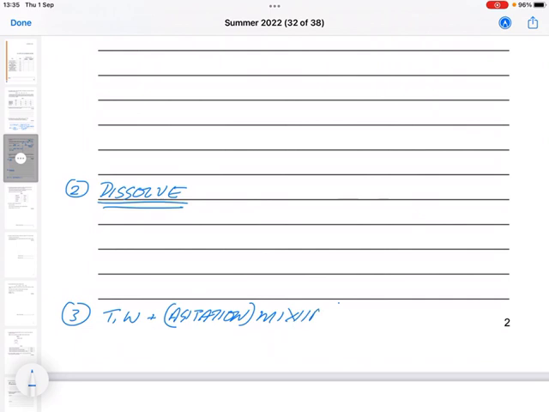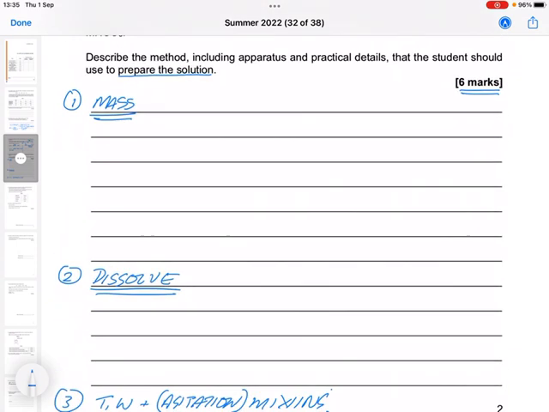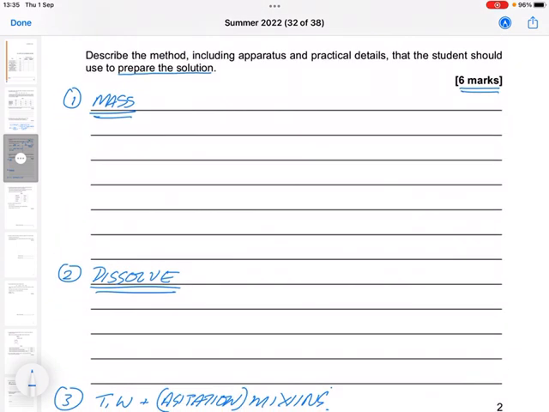So let's start at the beginning. So in order to do the mass, now remember when we measure masses, we always do it by difference. So we need to describe how we're going to do that. So the first thing we would do is weigh a sample bottle.